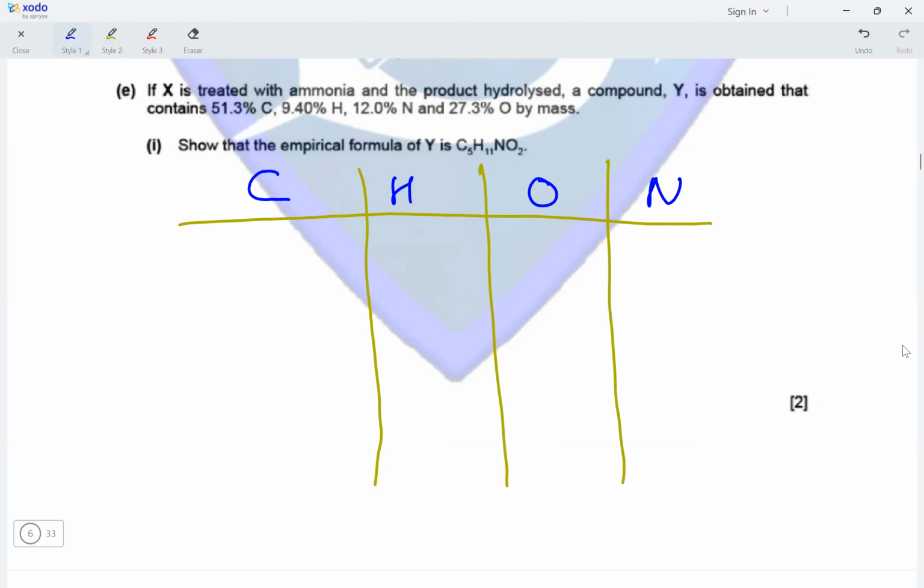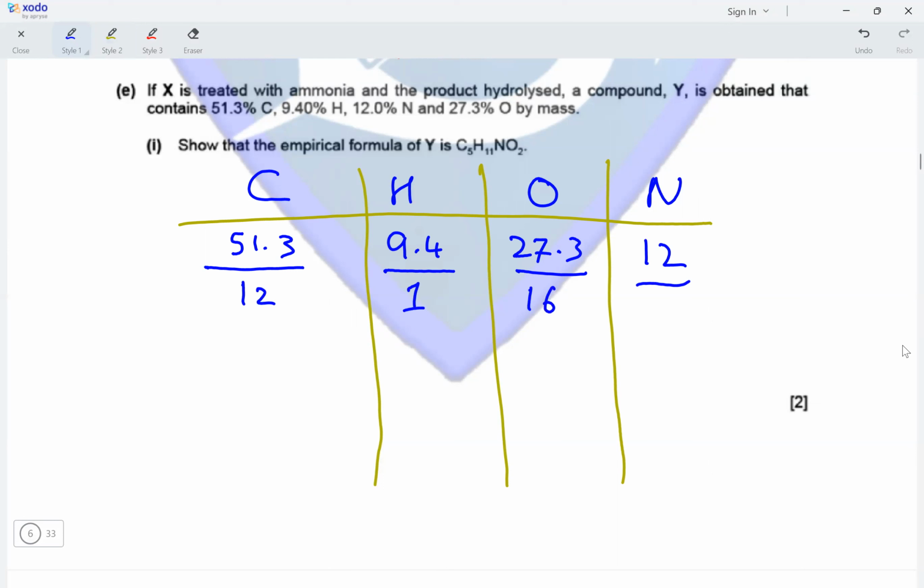In order to do that, we would have the percentages of each element: 51.3 for carbon, 9.4 for hydrogen, 27.3 for oxygen, and 12 for nitrogen, divided by their Ar values. So the Ar of carbon is 12, for hydrogen is 1, for oxygen is 16, and for nitrogen is 14.